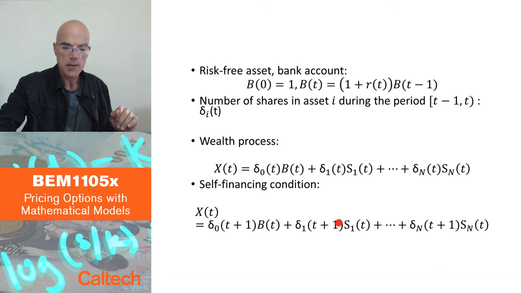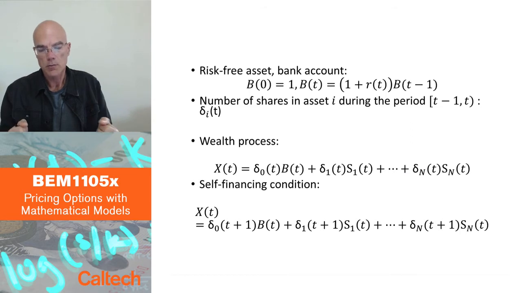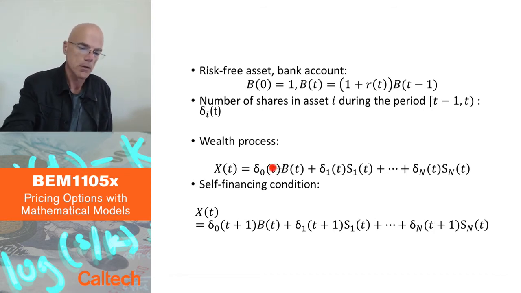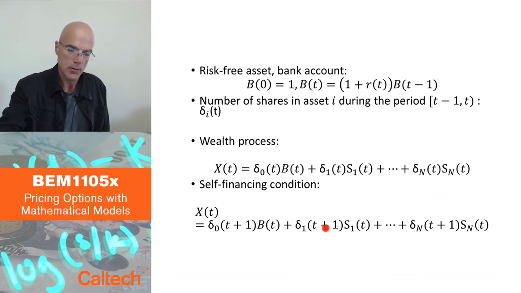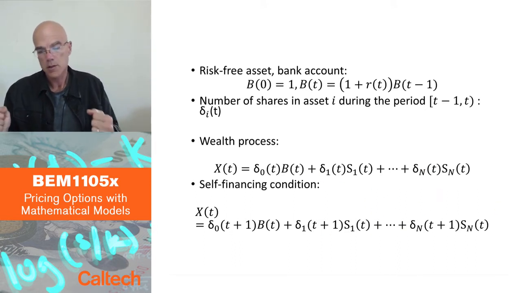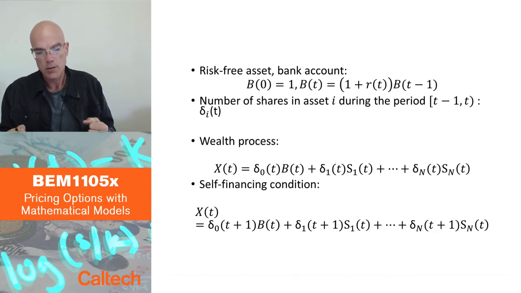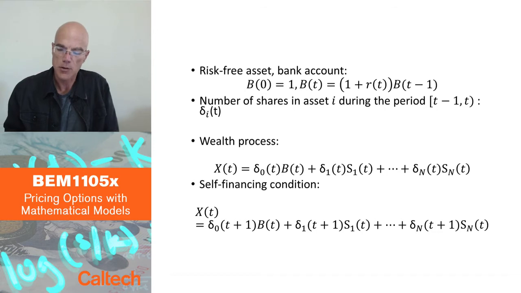So at the moment I'm changing from certain numbers of shares to others, it has to be the same amount because I don't have extra money. The money just before changing my positions has to equal the total money I have just after changing the positions. That's what it says.